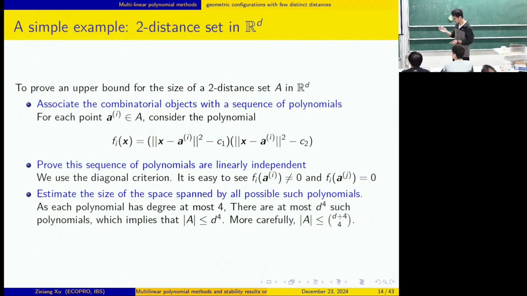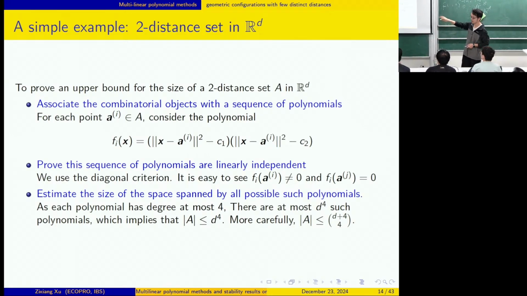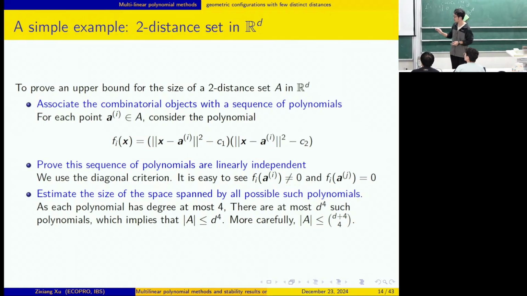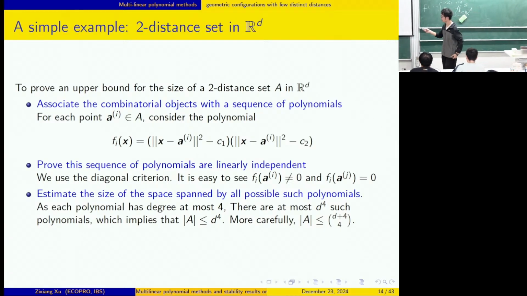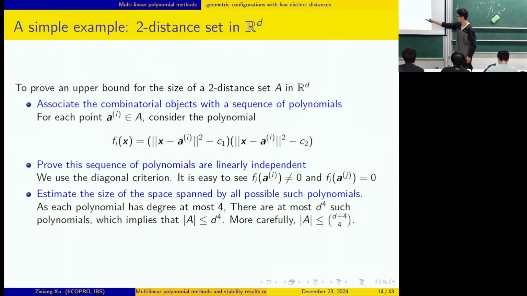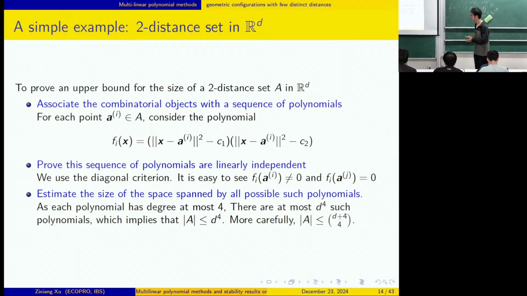And also we can check the number of such polynomials, because the degree is at most 4. So trivially we can obtain the upper bound d to the 4. Yeah. Suppose you use the stars and bars trick, then you can improve d to the 4 to d plus 4 choose 4. Okay.